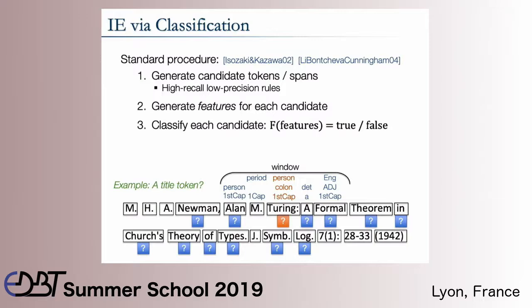Is it true or false that this is indeed an author label? And if you have several labels, then you do multi-label classification. Okay, so this is one of the traditional ways of employing machine learning for the task.